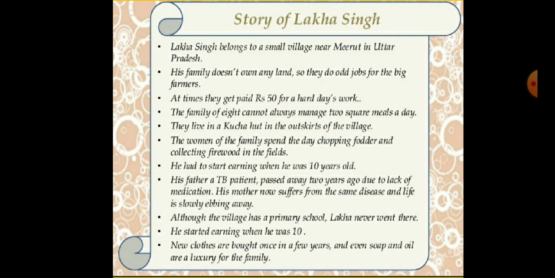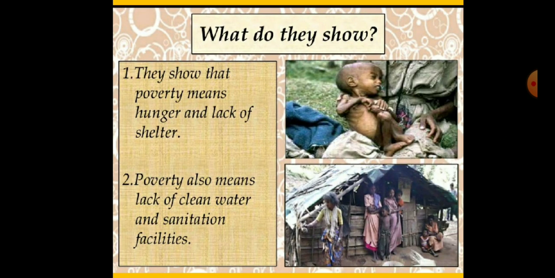So, what do we learn from these 2 case studies of urban and rural? They show that poverty means hunger and lack of shelter. And poverty also means lack of clean water and sanitation facilities.